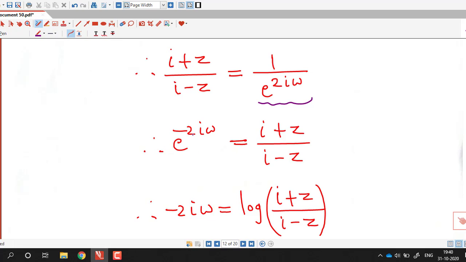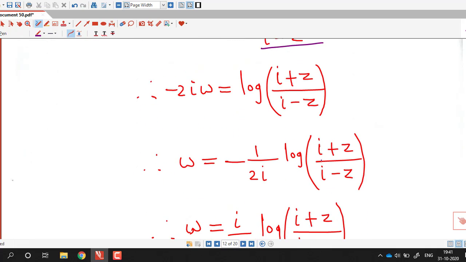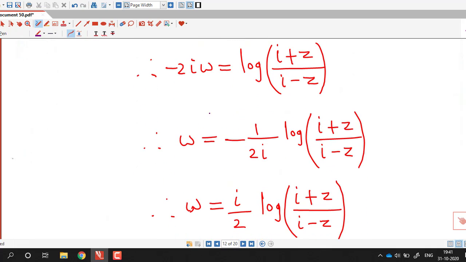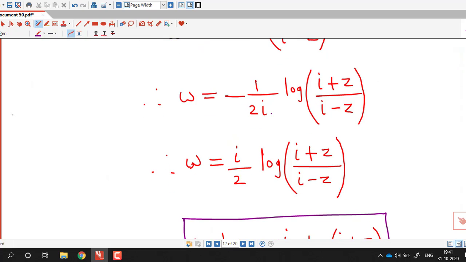Now again we use the definition of log z, so from this we can write minus 2iw equal to log of the right hand side, which is log of i plus z upon i minus z, and then I take this minus 2i to the right hand side, so I have w equal to minus 1 upon 2i log of i plus z upon i minus z.